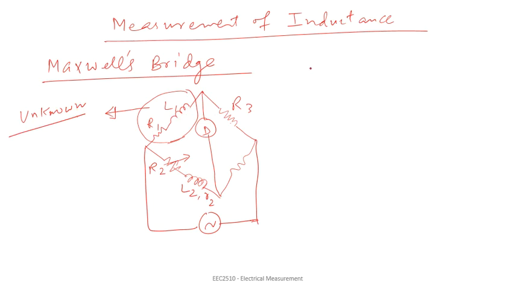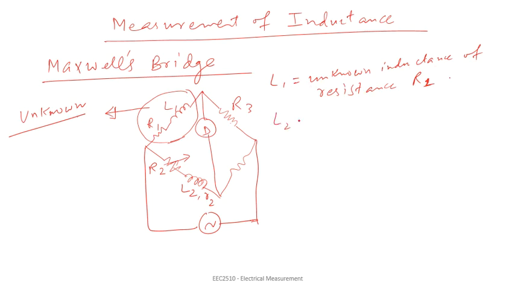So L1 is the unknown inductance of resistance R1. I am sorry, this is R1. So L1 is the unknown inductance having the resistance R1.